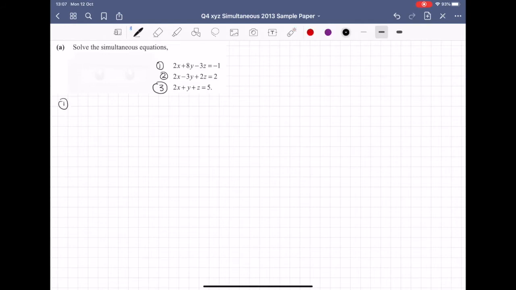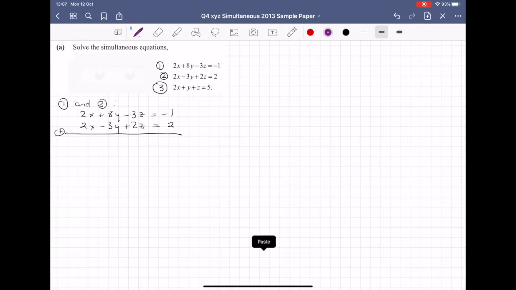So take any two equations. I'm going to take 1 and 2 here. 2x plus 8y minus 3z is equal to minus 1, 2x minus 3y plus 2z being equal to 2. Put a line under them and I'm adding them.